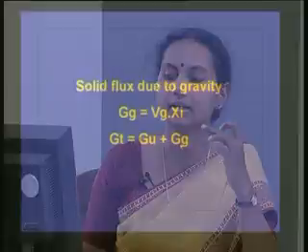So, whenever we consider the sludge settling, there are two components: one because of the underflow and another because of gravity. The total solid flux at a particular cross section is the sum of the solid flux due to the underflow and the solid flux due to gravity.